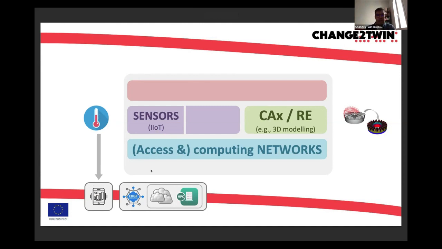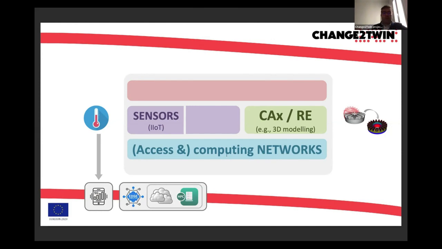You can see here 5G. This is just an example. Beyond these access networks, all this information should be processed. Okay, sorry. If you can mute your microphone, please. Okay, thank you.